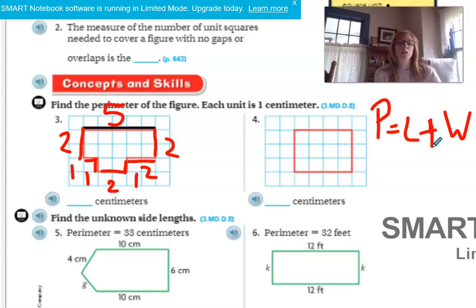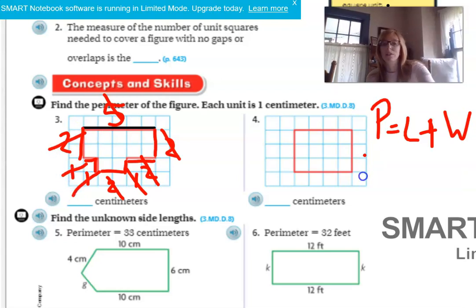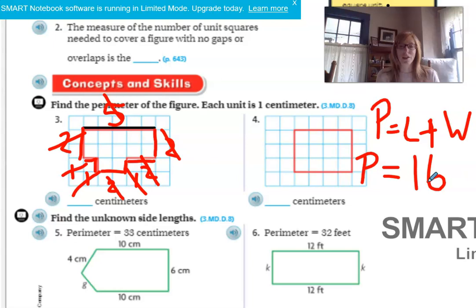Okay, so our perimeter is 5 plus 2, and I'll just check them off as we go: 5 plus 2 is 7, 9, 10, 12, 13, 14, 16. So perimeter equals 16. Okay, so hopefully you remember that perimeter is the distance around.